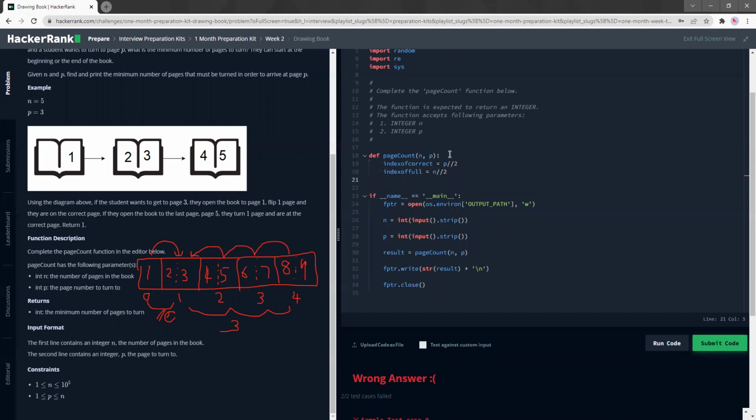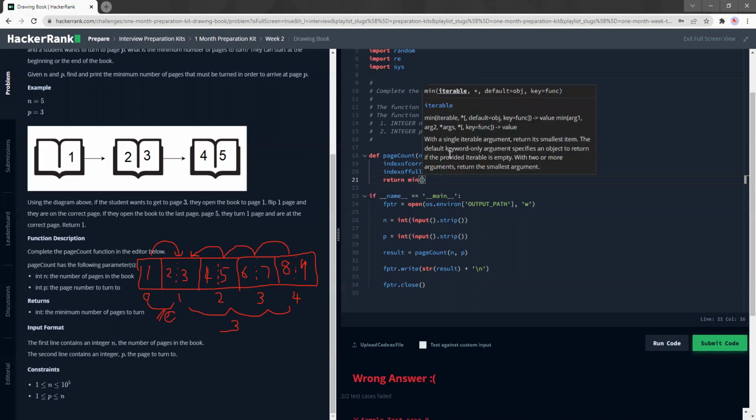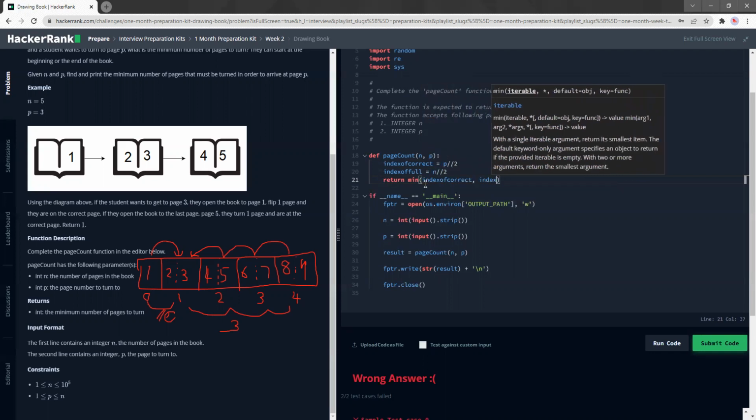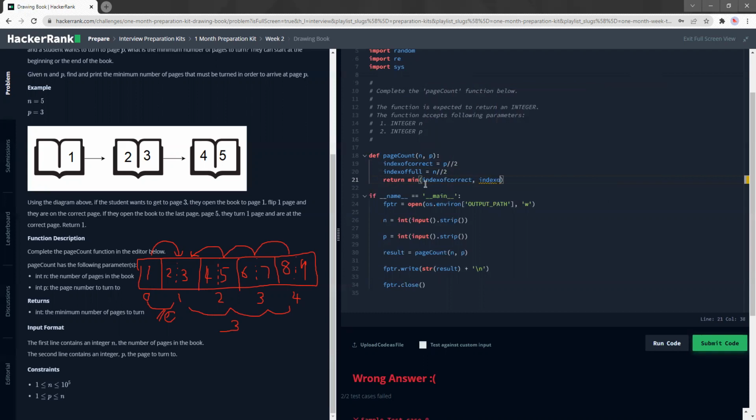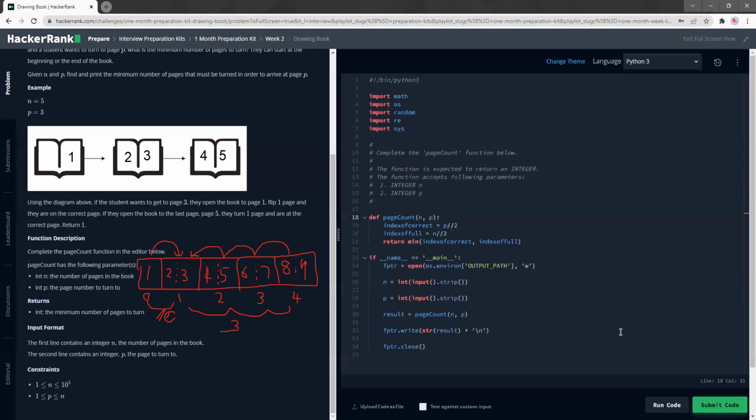And in the end, all we need to do is return whichever is the smallest. So we can just do the index of correct and index of full inside. With that, I believe this should be the correct answer already.